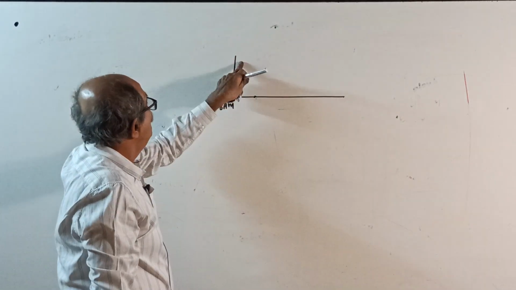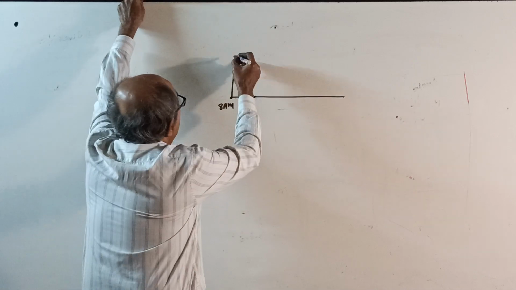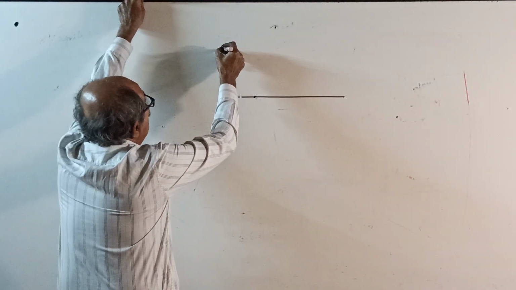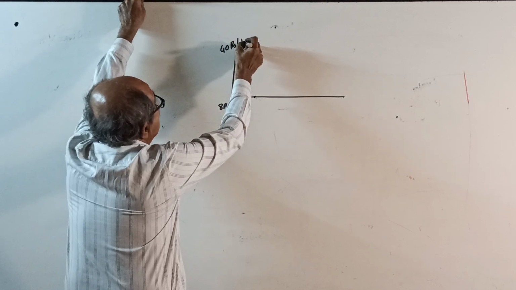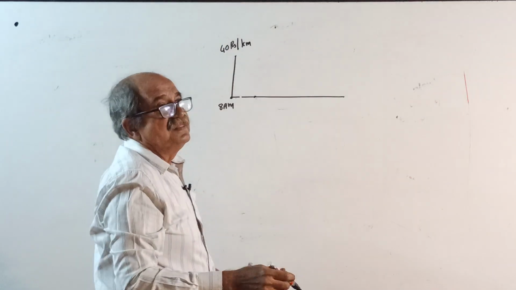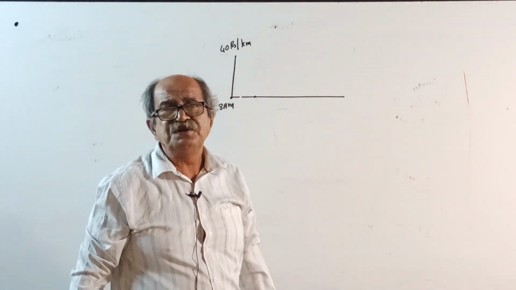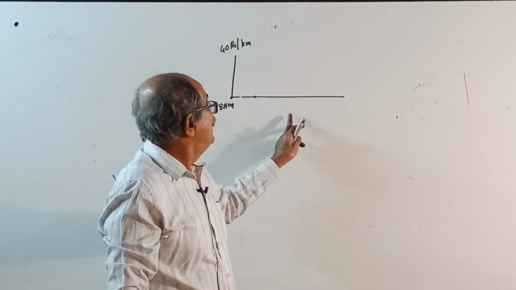At that time the rate is, for example, 40 rupees per kilometer. There is a rule that the taxi rate will not be constant. It will uniformly vary, linearly vary.